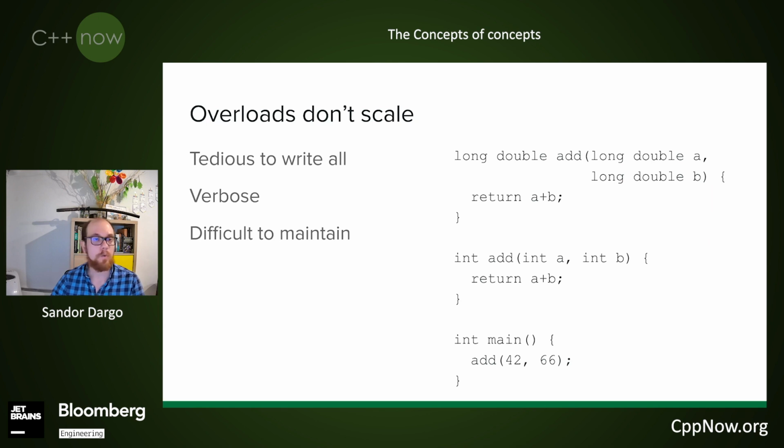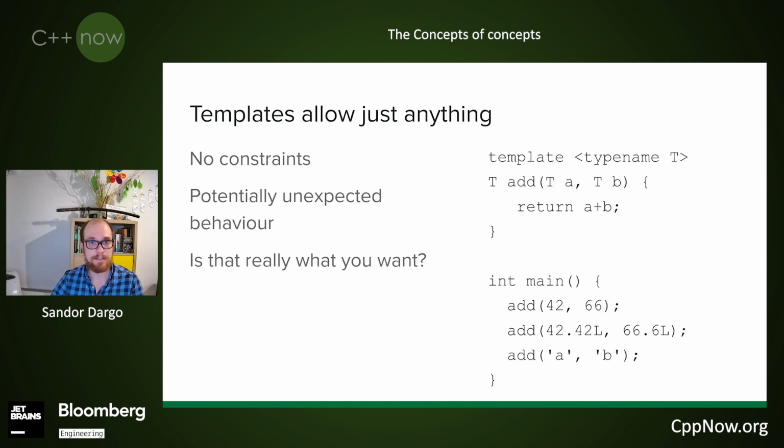So what other options do we have? We could use templates, and well, it's not bad. Probably it's better, but templates will allow just really anything. You have no obvious constraints on the types accepted, and you might have to face some behavior that you don't really expect. If you look at the example, in the beginning we had two integers, 42, 66. It will work as expected.